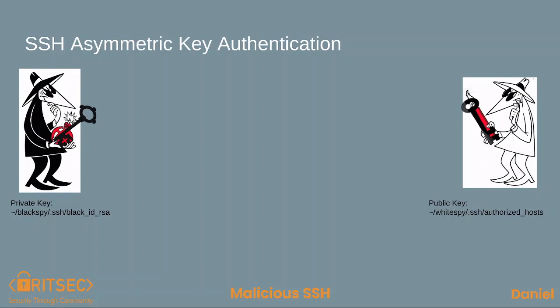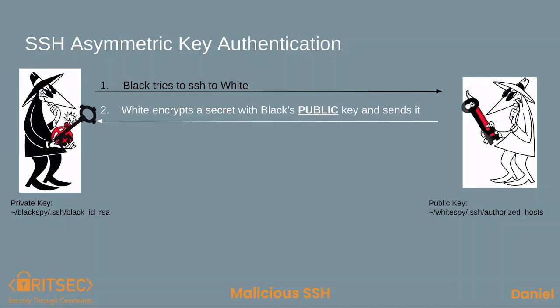So let's say Black Spy wants to SSH onto White Spy's box. He's going to try to SSH. It's a TCP connection. White Spy is going to get that, and then White Spy is going to encrypt a secret message using the public key that he has, which is Black's public key, and send that back to Black Spy.